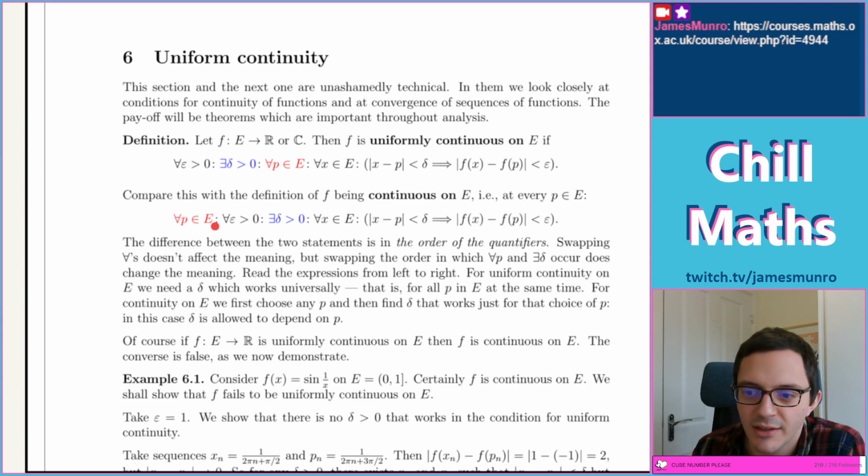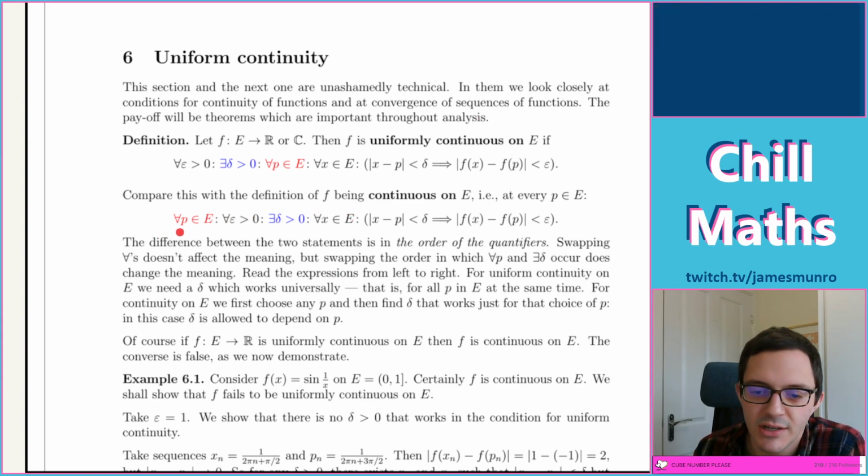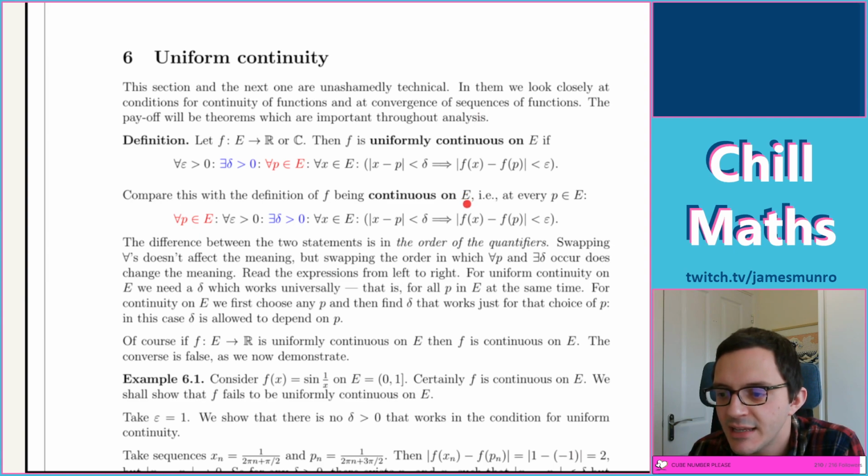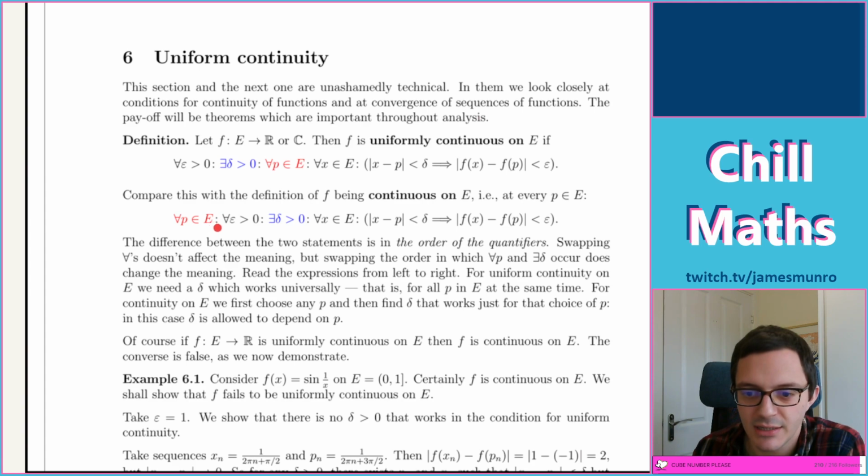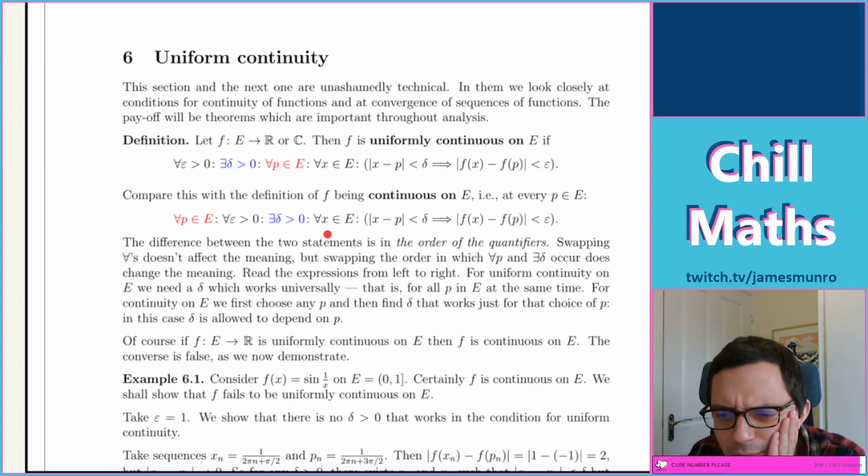So being a continuous function means that for all points in your set E, I'm going to have to remember that E is the name of the domain of our function, for all points in our domain, and for all epsilon, there exists a delta. That thing that you say so much. For all epsilon, there exists a delta, such that whenever you're close enough, the value of the function is pretty similar to the value at P.